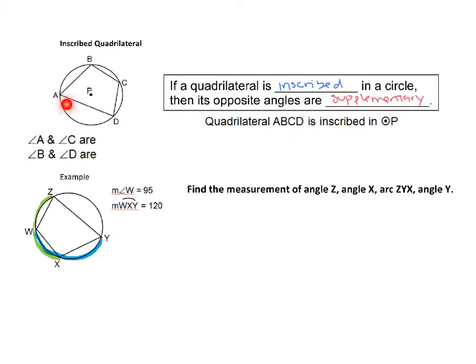So we have quadrilateral ABCD. It's inscribed in circle P. So therefore, angles A and C add up to 180, and angles B and D add up to 180.